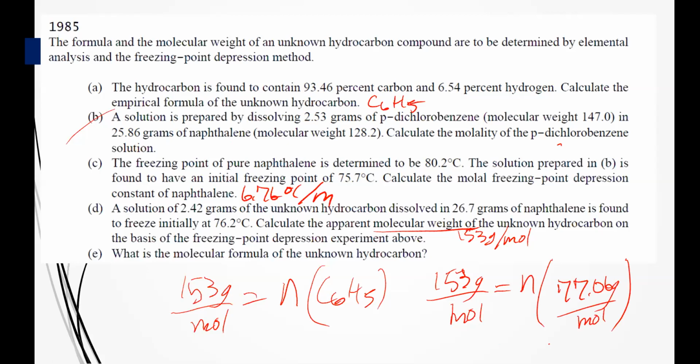If we take that 153 and divide it by 77, we find that n should be 1.985, so just about 2. And so our molecular formula should be 2 times C6H5, which is really C12H10, right there.